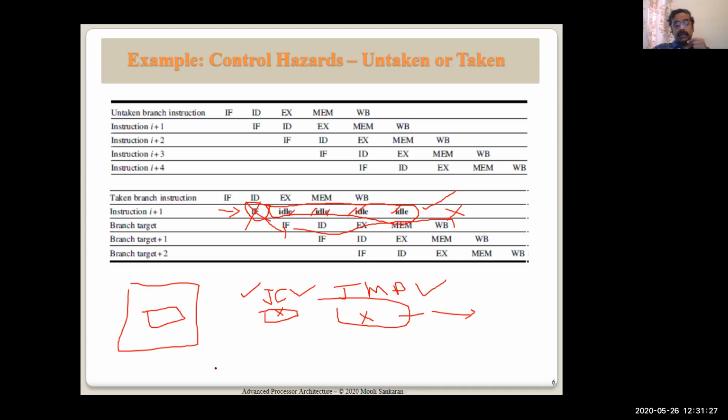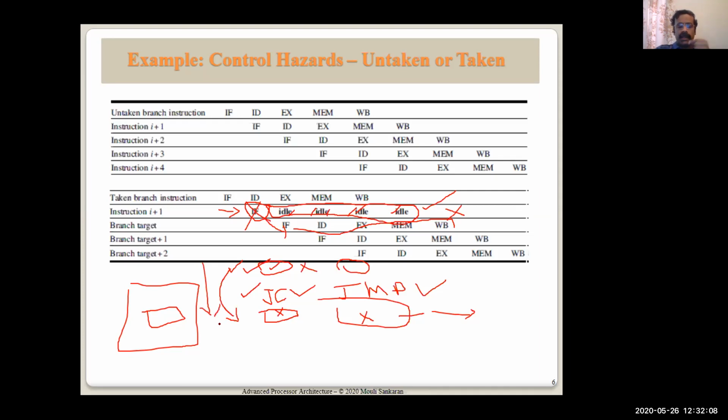What I suggest is, suppose I have an instruction above the jump on carry or a jump, some instruction which should be executed, but I don't want to execute it here. It can be executed either here or a little bit later, if it is not going to change the flow of the instruction and not going to change the state of the CPU.